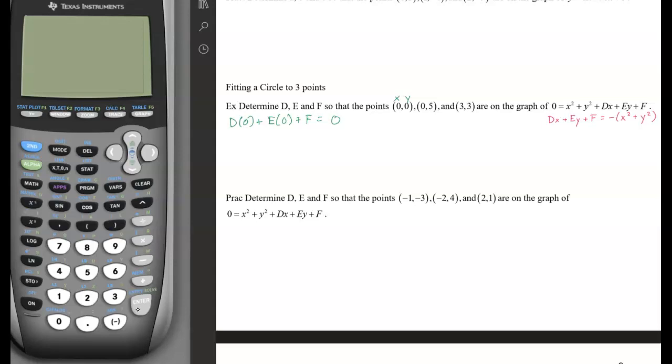So now I repeat for my next point. Plug in 0 for x, and this time 5 for y. So I have 0 squared, which is 0, plus 5 squared, which is 25, but it's a negative 25.